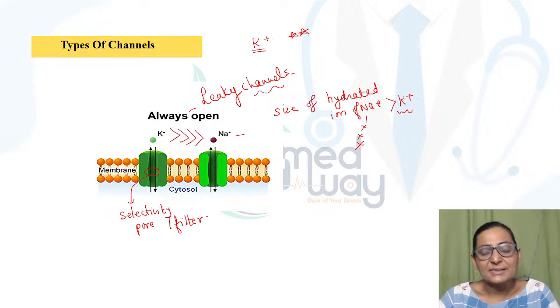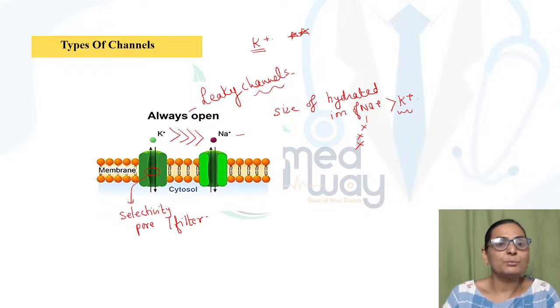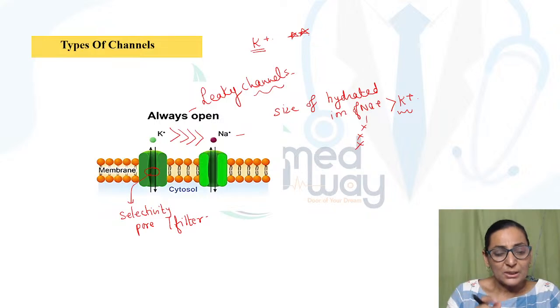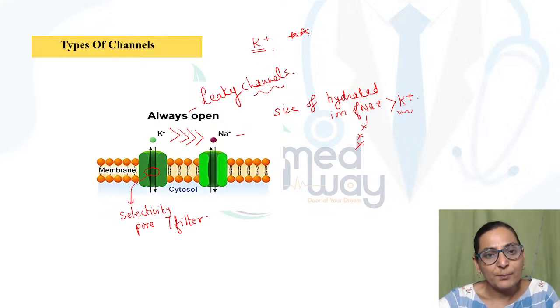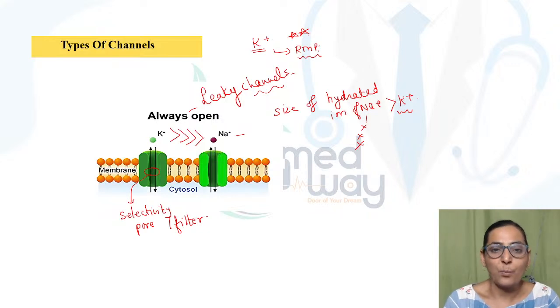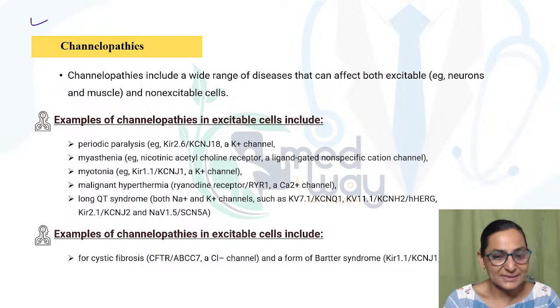One of the reasons is that the hydrated ion size of sodium is much bigger than potassium, and it does not allow the sodium to pass through but allows only the potassium to pass through. Now this is a very important reason why the potassium channels contribute maximum to the resting membrane potential, right?